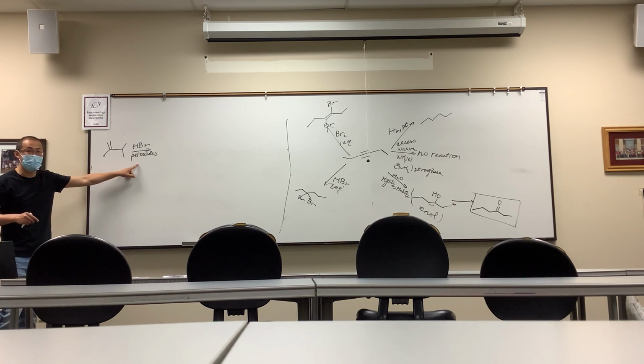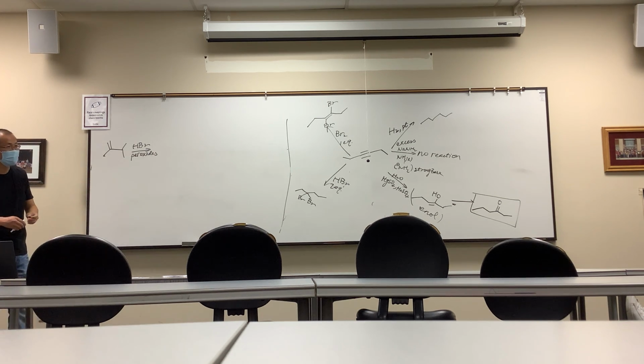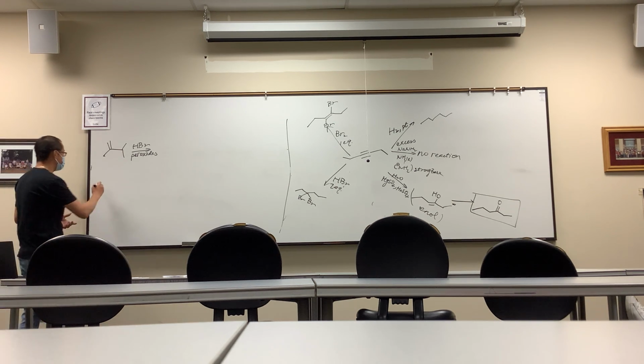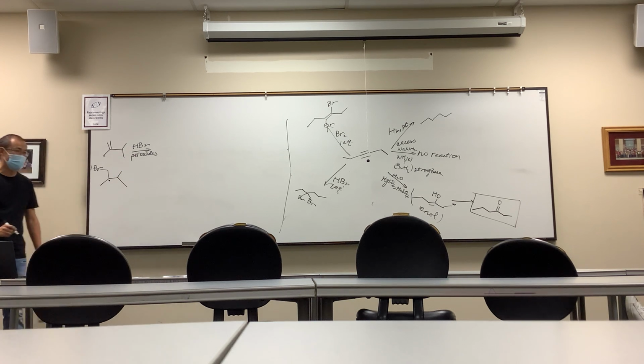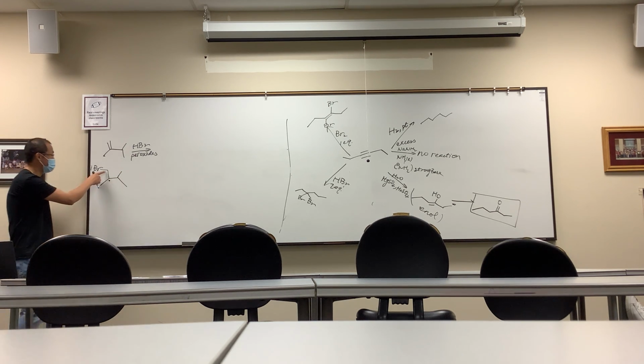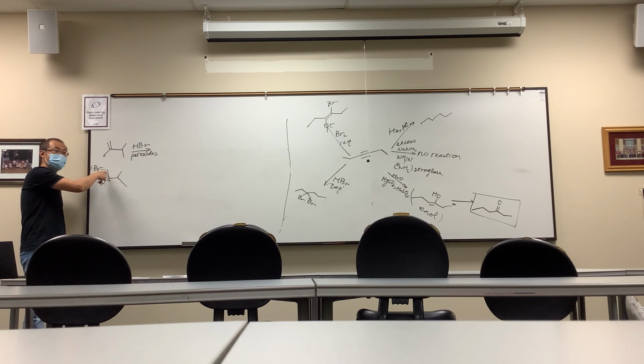With peroxide, the reaction happens through, anybody remembers? Through what? With peroxide, this is the intermediate. What is this? A free radical. Bromine is added to the less substituted carbon.